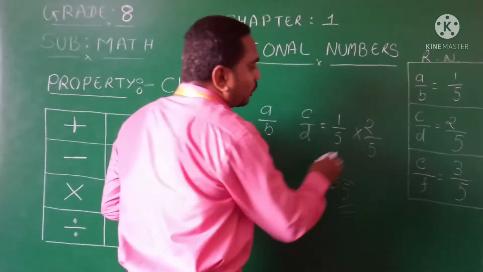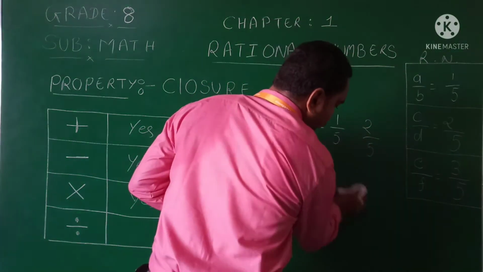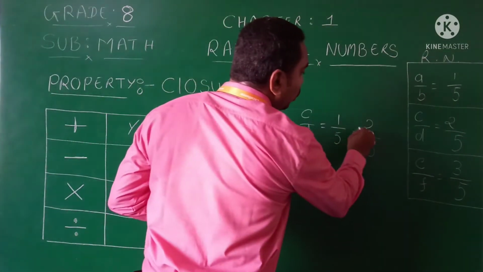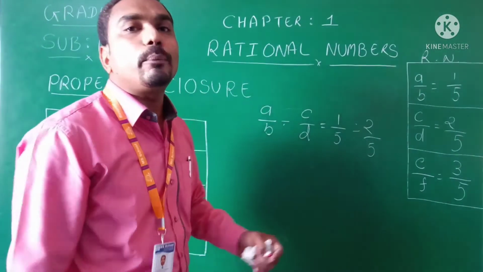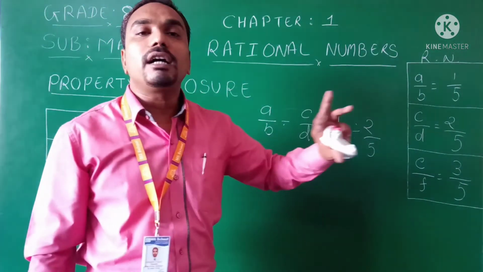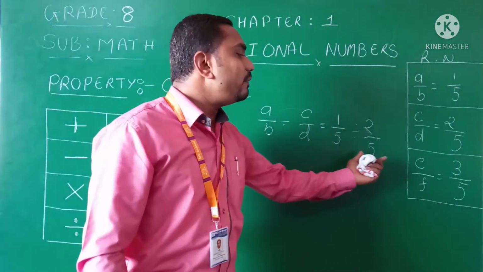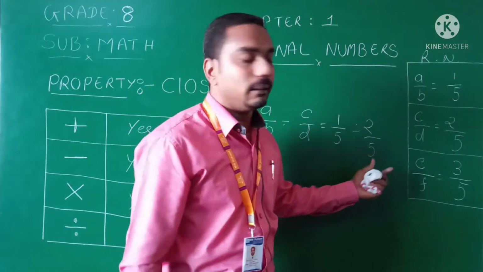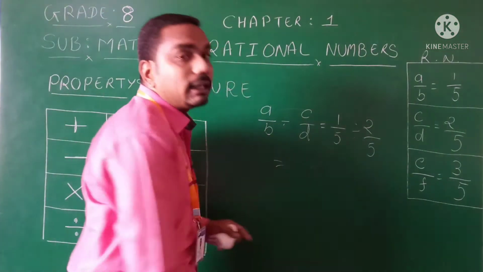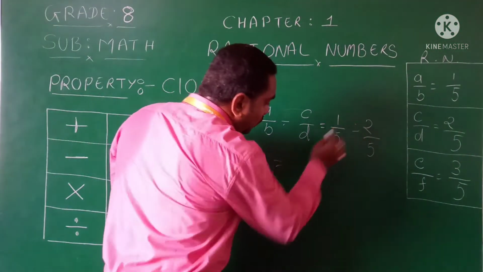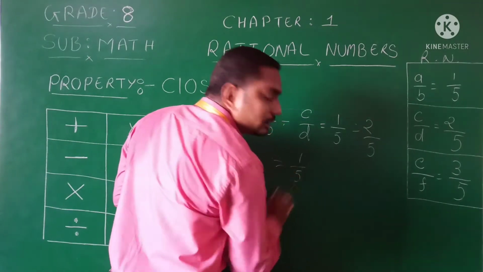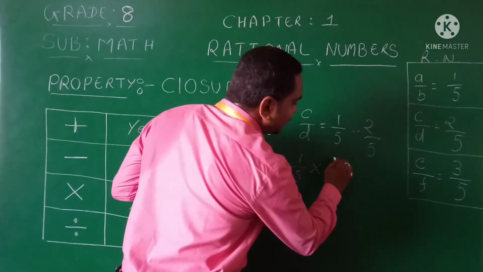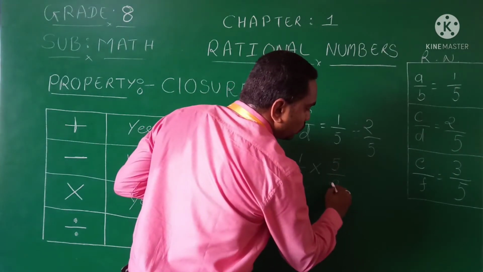Now let's go ahead for the division. For a division, we already know the process: we will convert it into the multiplication and we will take the reciprocal of the second term, which we already learned in grade 7. So put the 1 upon 5 at the same place, multiply by the reciprocal of 2 upon 5, that is 5 upon 2.